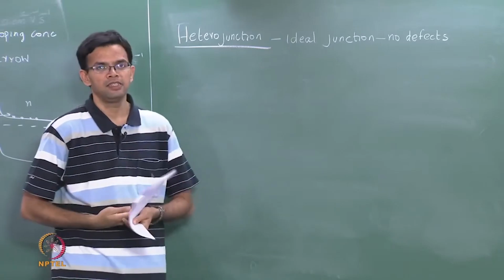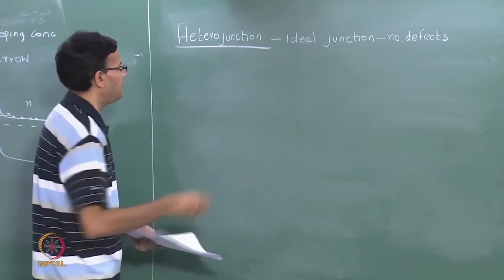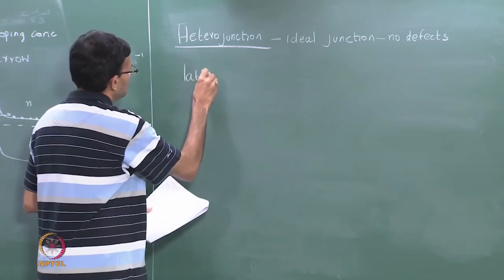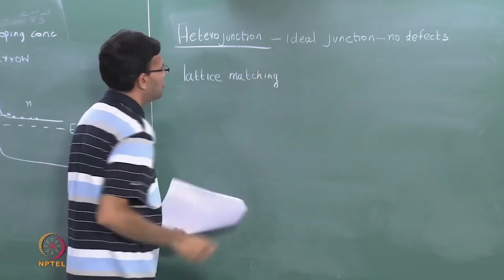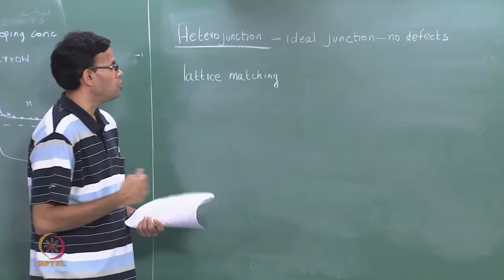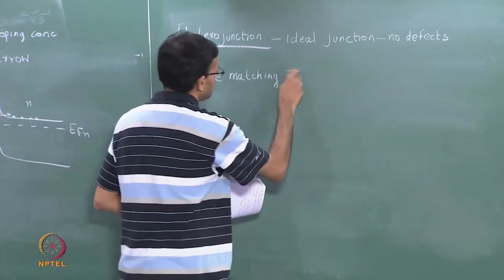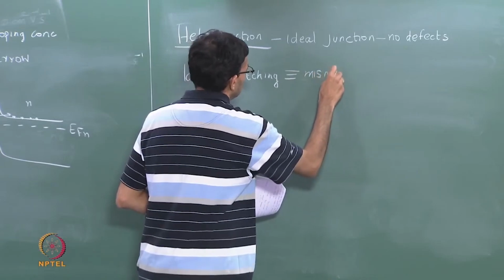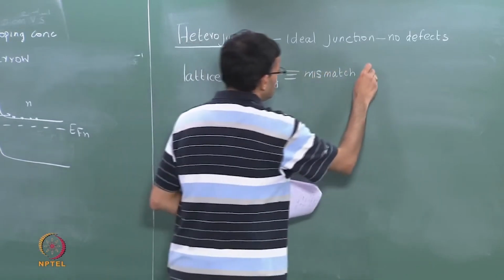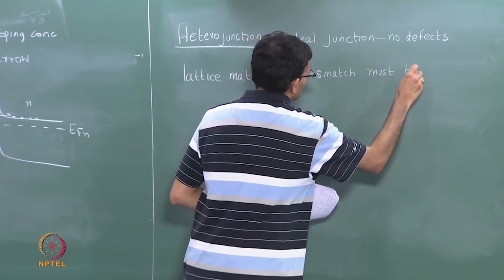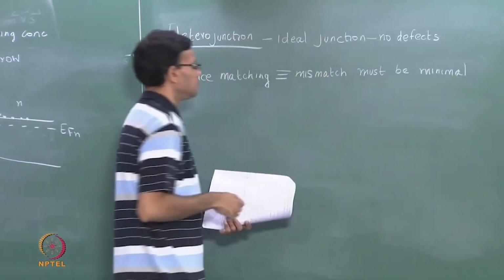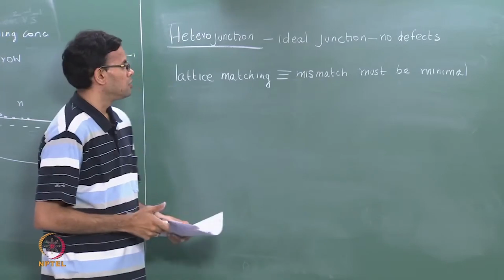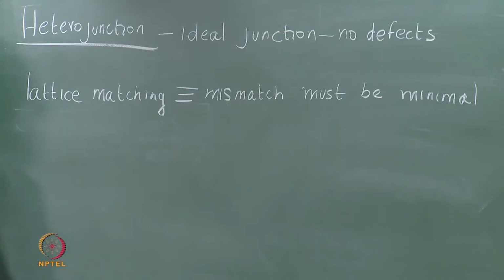In order to have an ideal junction with no defects, we must have lattice matching between the two materials, or if we want to put it in another way, the mismatch must be minimal.